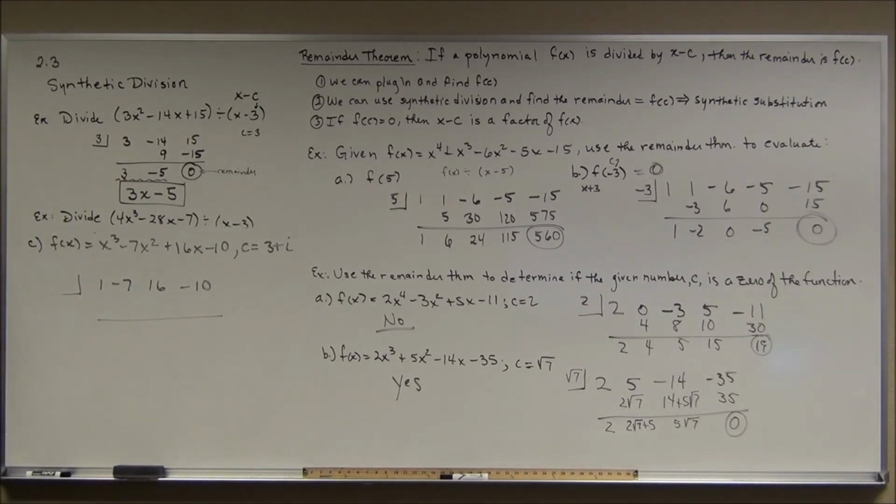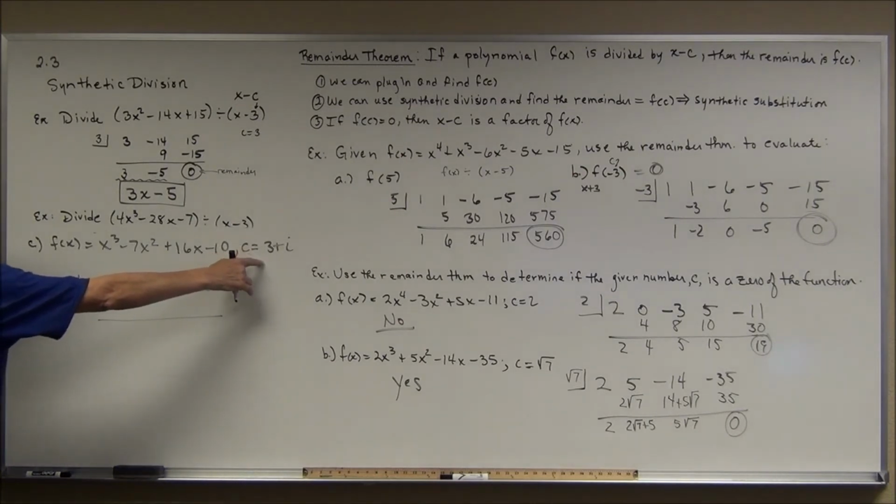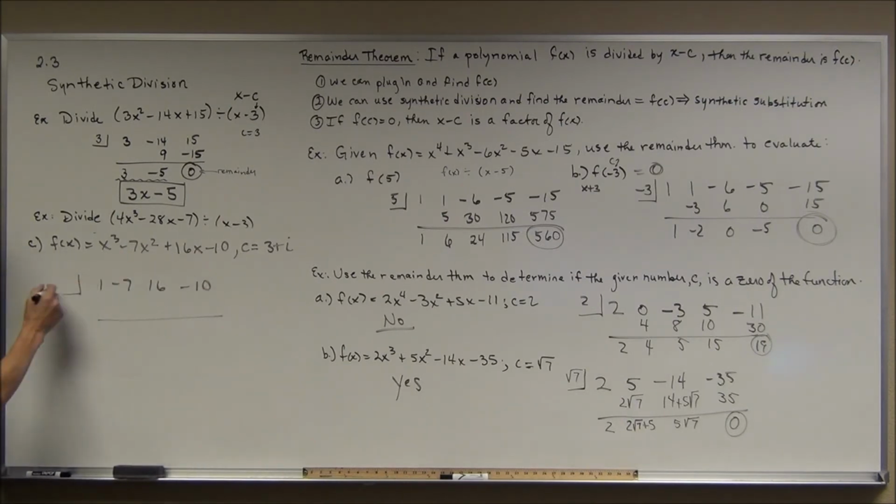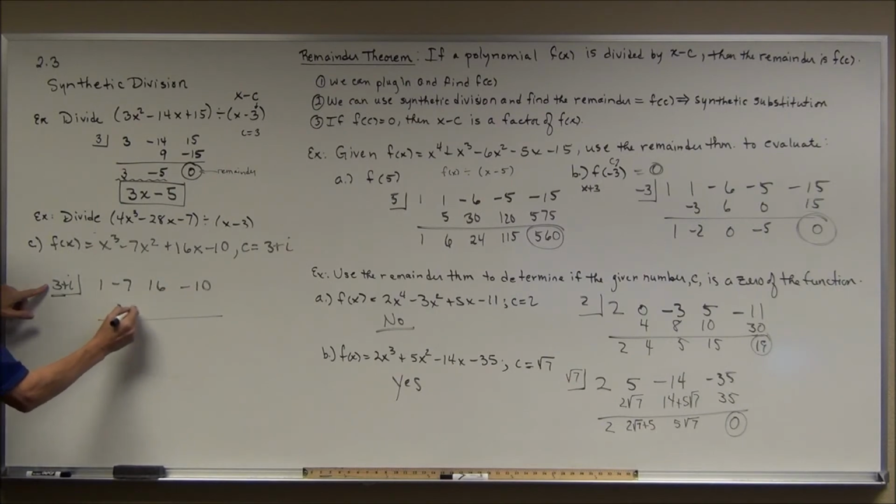After you do a few of these, it becomes a fairly easy process. But at first, practice these problems. Make sure you understand each step so it becomes a little bit more automatic. So 3 plus i comes right in here. The 1 comes down. 1 times 3 plus i is 3 plus i. Negative 7 added to 3 plus i is negative 4 plus i.